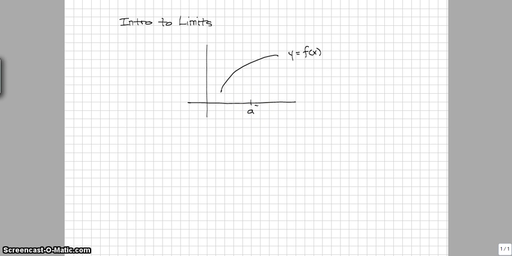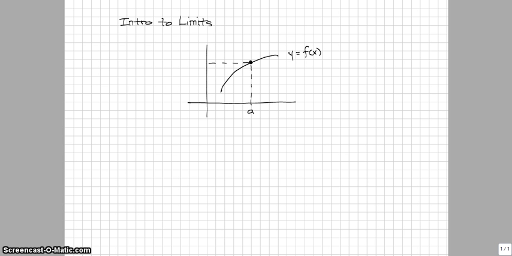And we know that for that input value, we can think about going straight up to the place where the vertical line at a intersects our graph. And then we've determined some output value that we can find by making a horizontal line that cuts across to the y-axis that we have labeled.